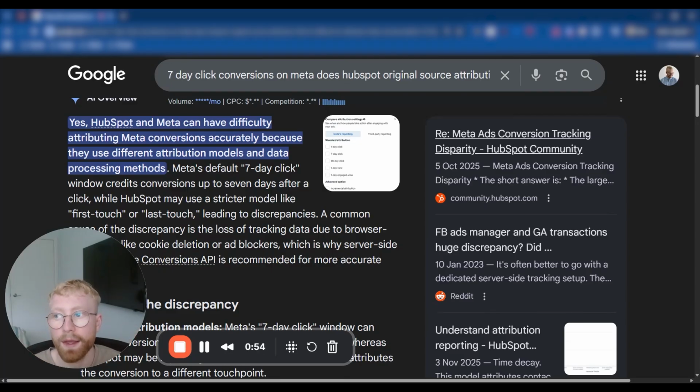It's quite a complex journey when someone sees your ad through Meta first. HubSpot just finds it difficult, and that's why it's good to use organic search as a proxy.